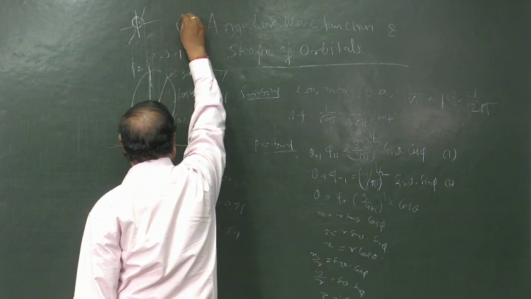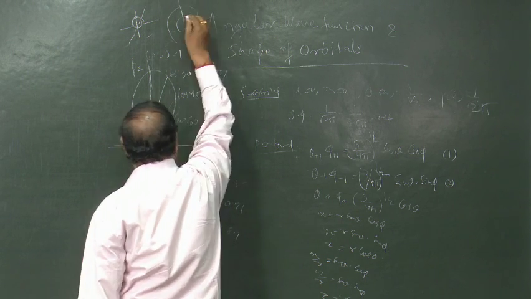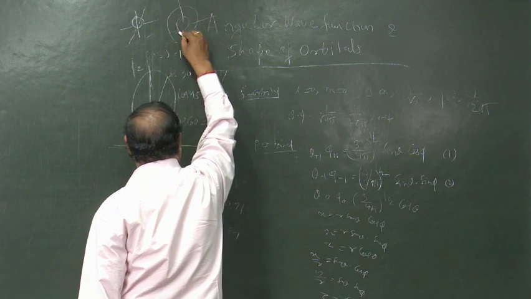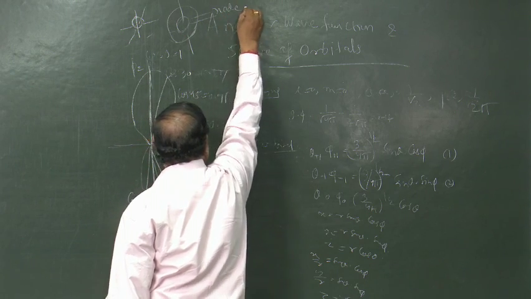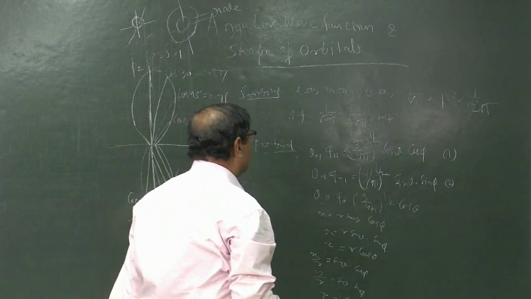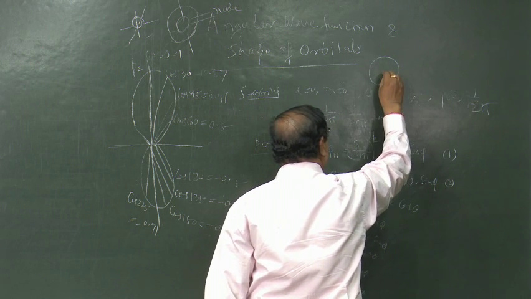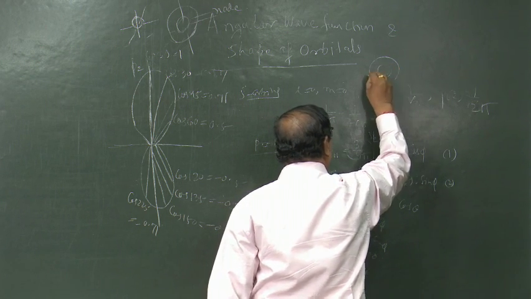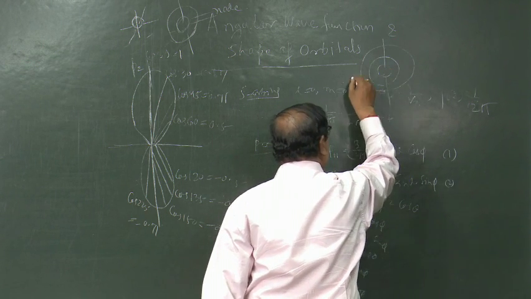Now, if you consider the 2s orbital, it will look like this. There is a gap between the 1s orbital and the 2s orbital. This gap is called a node. Similarly, if you consider the 3s orbital, this is 1s, this is 2s, and this is your 3s orbital.